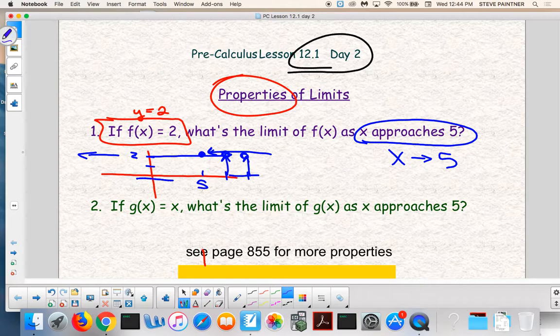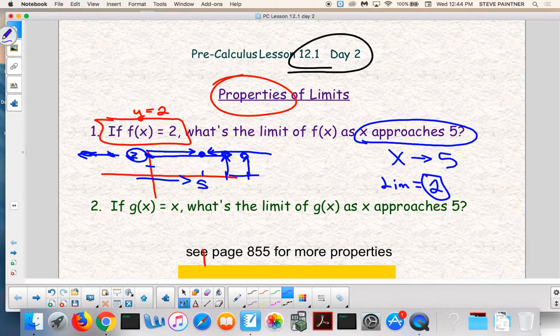Now if you come in from the left side, you once again converge right there. You're still going towards that number, which is 2. So what's the limit of your function if your function is just a number? The number. I know what you're saying is 2. I get it. So here the limit is what?